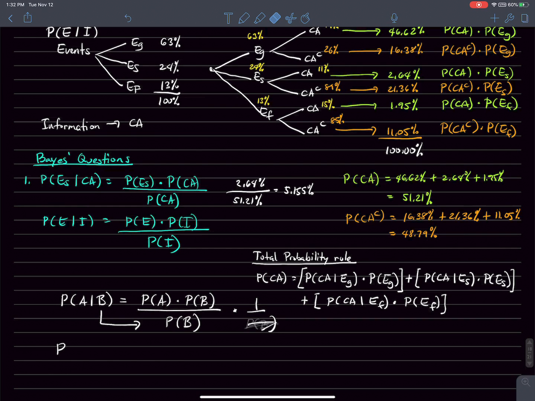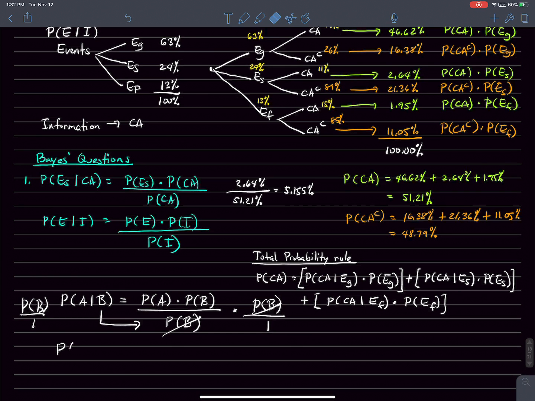Yeah, the goal is to cancel it, right? So probability of B, the numerator, divided by 1. So you'll cancel this times probability of B here over 1.